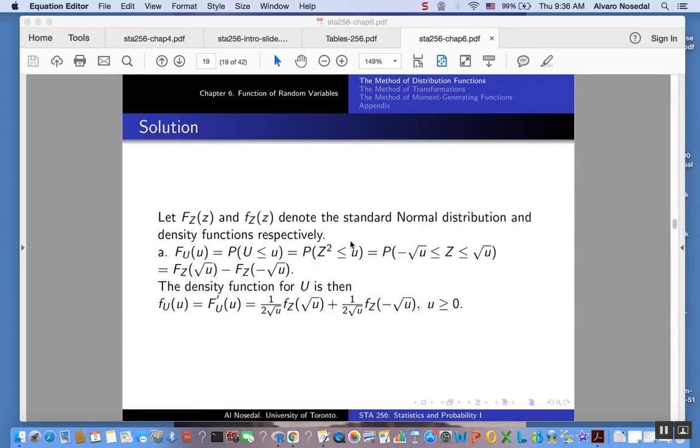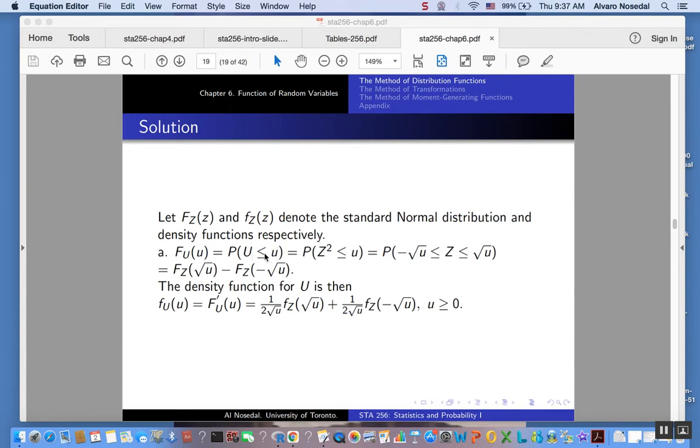Now, let's do the second case when u is greater than 0. Again we apply the definition of CDF. This in terms of a probability is the probability of the following event, that the random variable U is less than or equal to a number u. Then we use the fact that U was defined as the square of z.